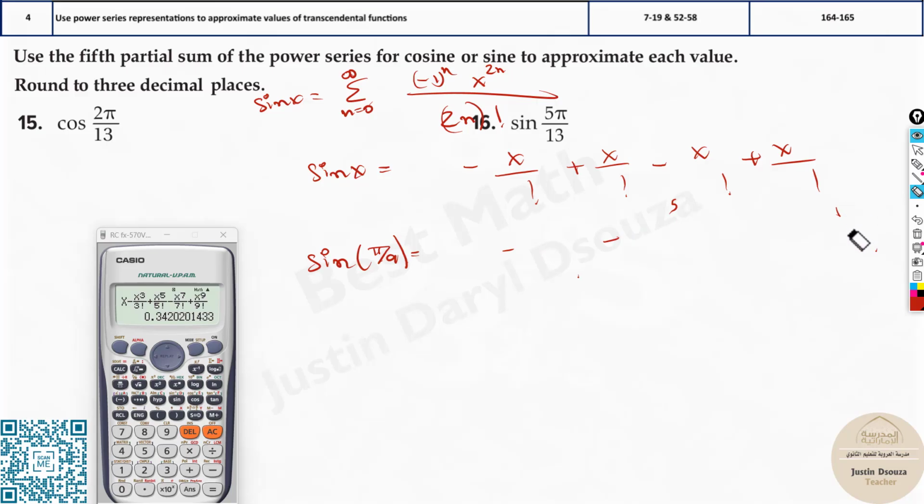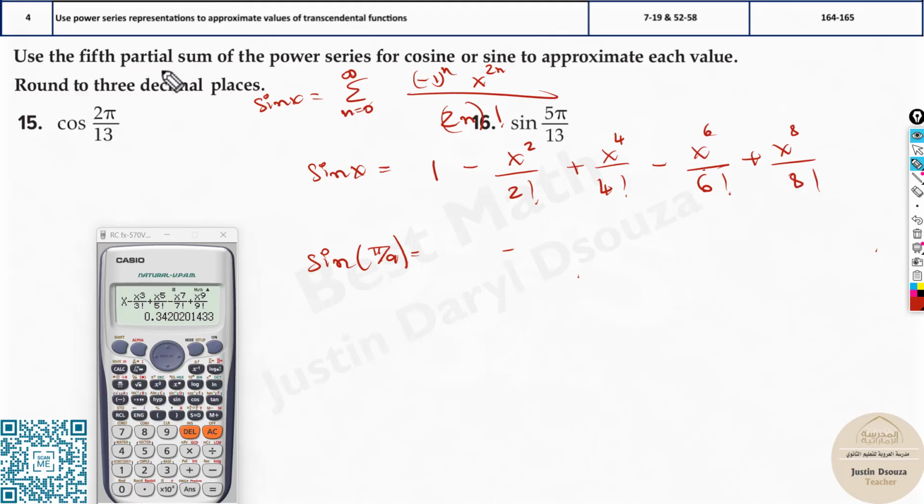The first term is 1 minus, here it will be even, 2, 4, 6, 8 and so on. The signs will remain the same, minus, plus, minus, plus. First one is 1 minus x squared by 2 factorial, plus x to the 4 by 4 factorial, minus 6 factorial, plus 8 factorial, and it goes on.